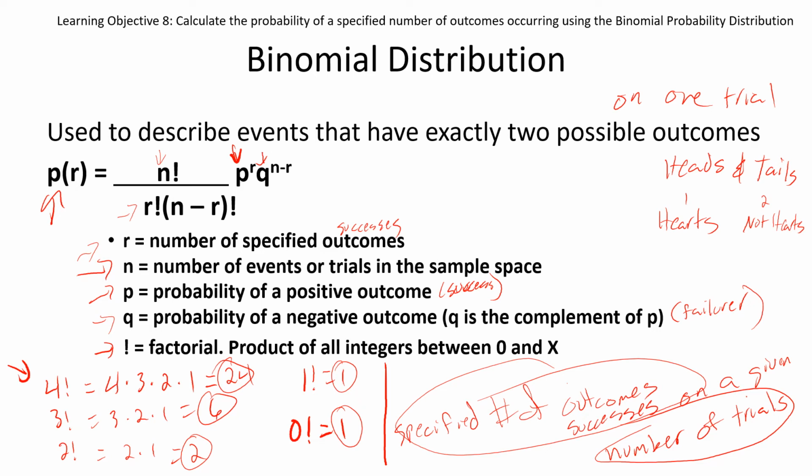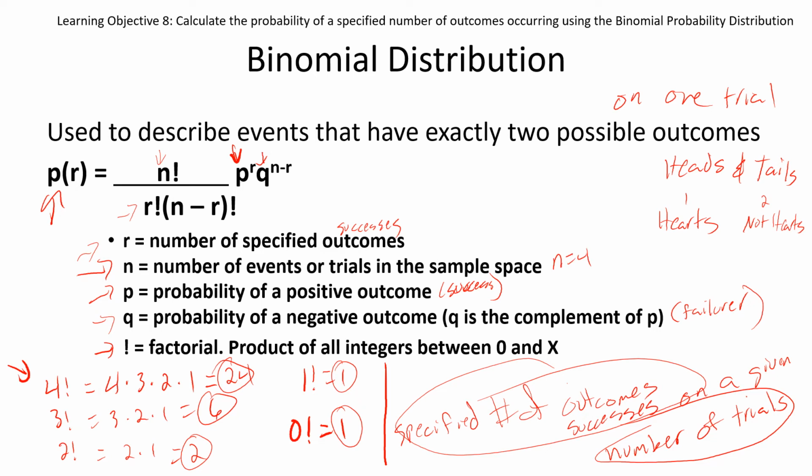So what did we look at on the previous slide? What is the probability of getting, if you flip a fair coin 4 times, exactly 2 heads? So the number of trials in that case is going to be 4. So N is going to be equal to 4.